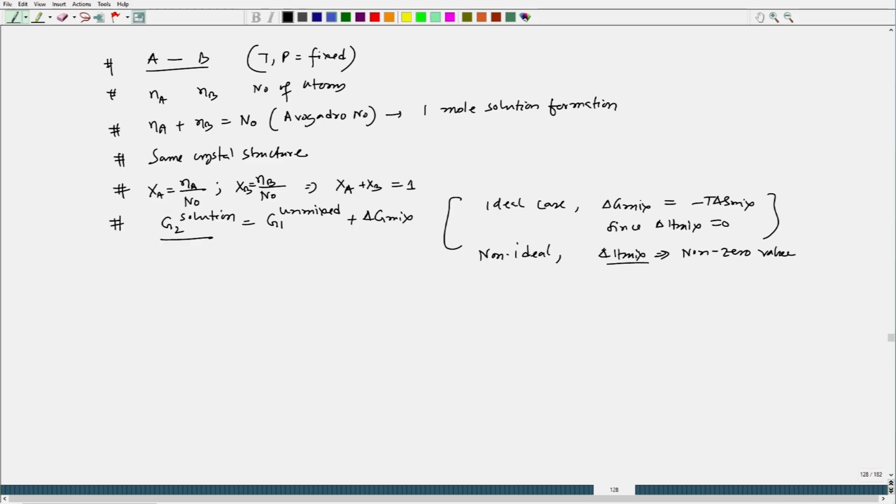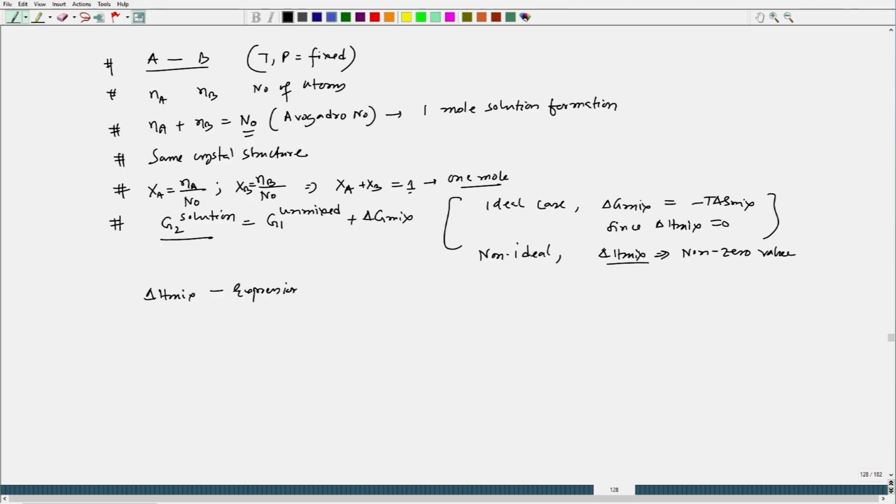So, these are the conditions, and on that basis we will now move ahead. This 1 means 1 mole and Avogadro number, and now it is also coming out to be 1 mole of solution both ways. Now, let us look at the del H mix expression.